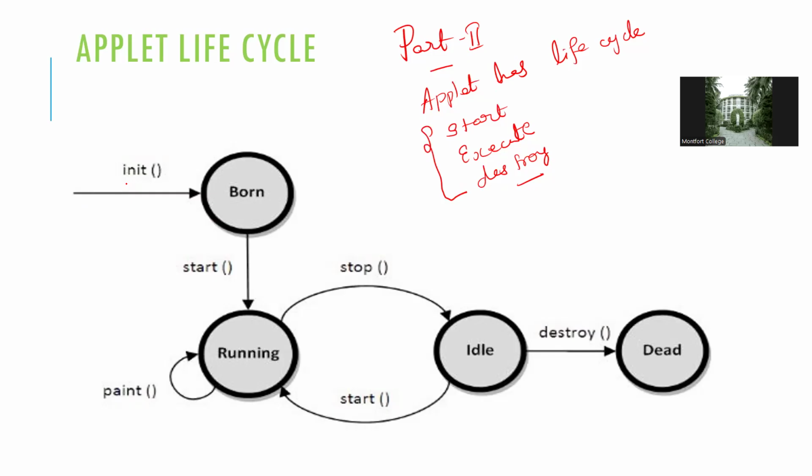Here in the applet life cycle, I have mentioned the functions which are going to do specific tasks. Now assume that you have written the code. Inside the code we will have some code about the applet, and we will have the HTML tag also inside it: the applet tag, the applet width, the applet height, and code equal to the code name.